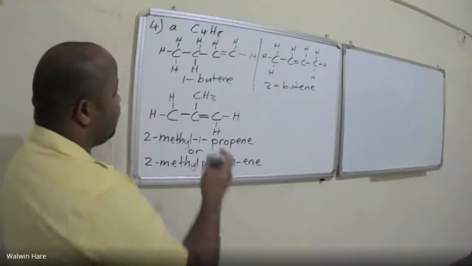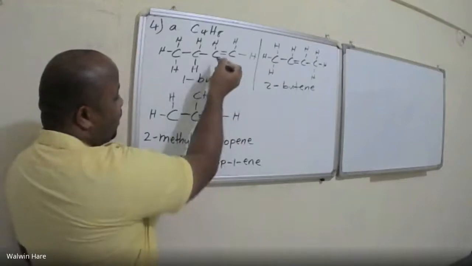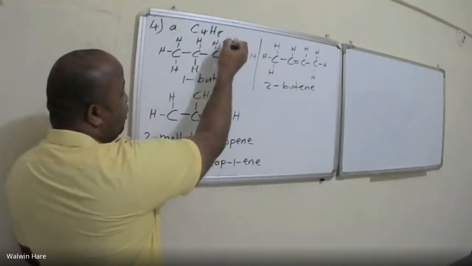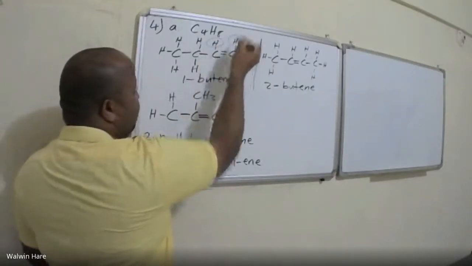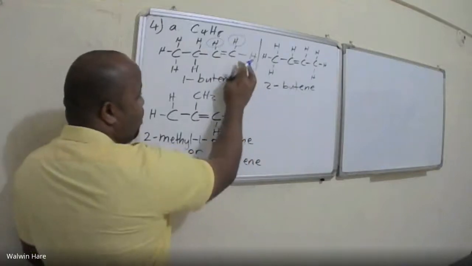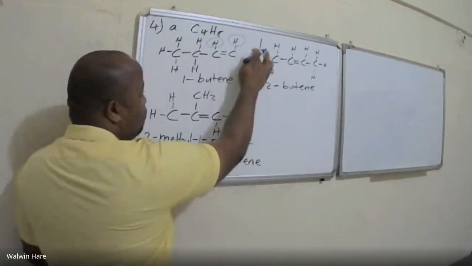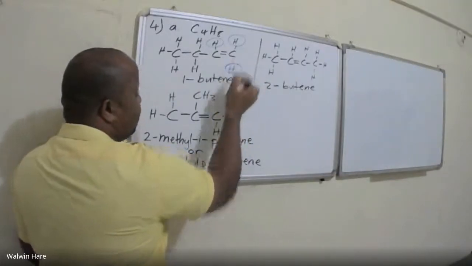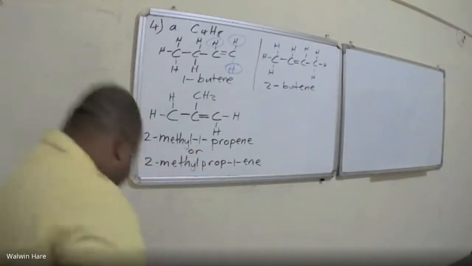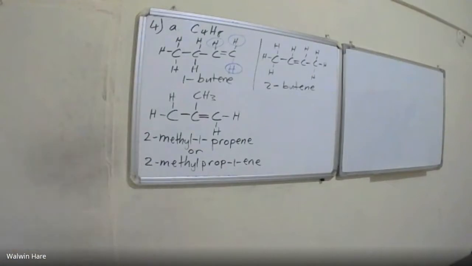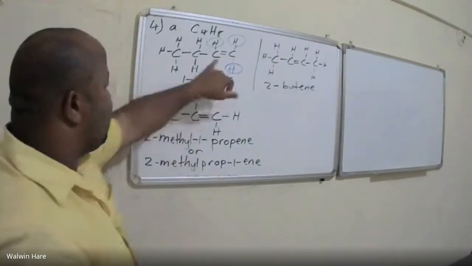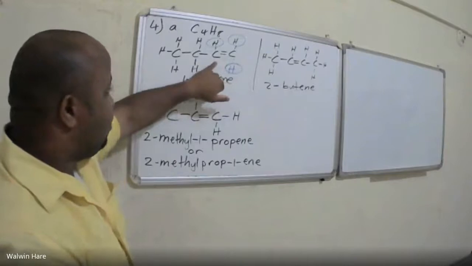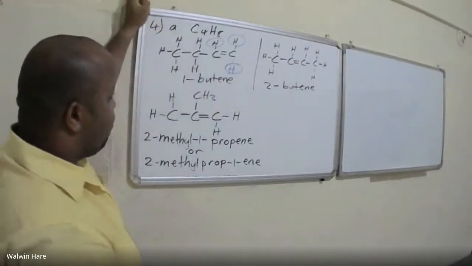Right. So even though each carbon atom of the double bond has a group in common, your carbon atom should not have two of the same groups. So the criteria is: you must look at the carbon atoms of the double bond, and they must have a group in common.